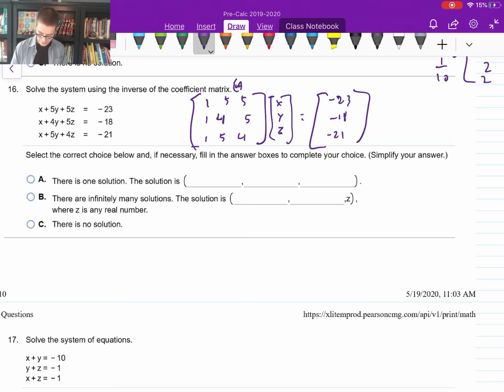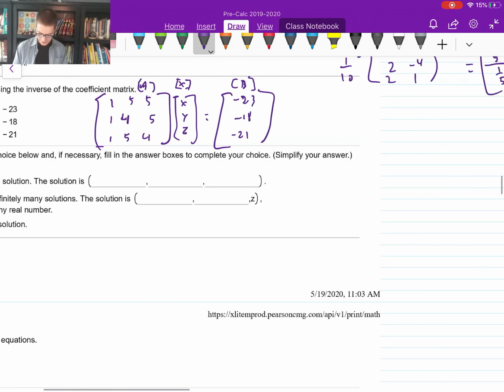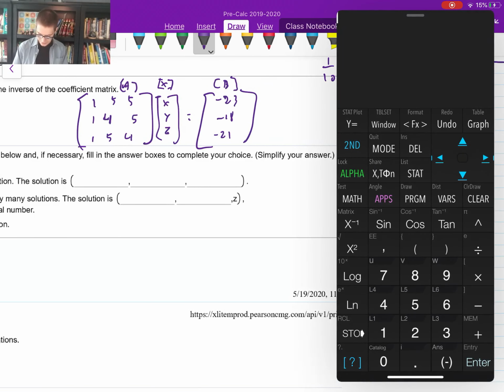So A times X equals B. Okay, so I believe that's right. And assuming that is right, which I think it is, at this point we're finding the inverse of a 3 by 3. You can just use a calculator. So we'll take out our calculators and go to second matrix.